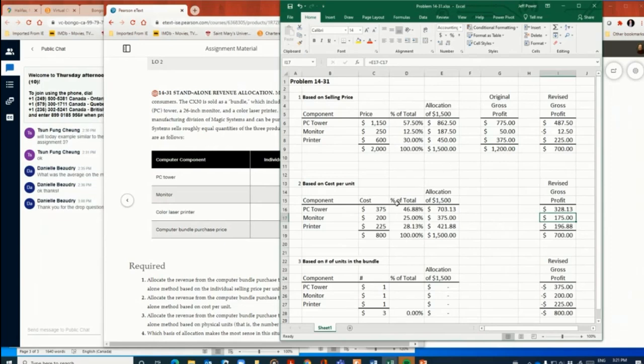They also suggest, well, what if there's 3 items in the bundle? Why not just split the revenue 500, 500, 500, right? Or mathematically, if you wanted to actually do it properly, you'd say, well, what's 1 monitor as a percentage of 3 items in total?